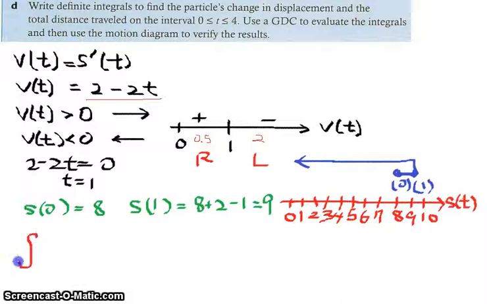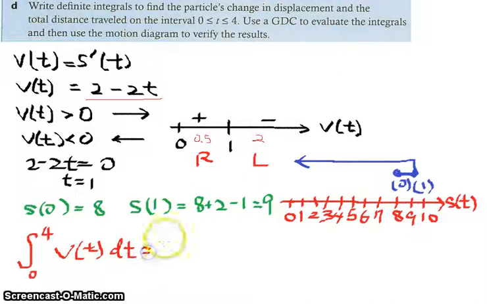Definite integral from 0 to 4, and we're taking v of t. Alright, so v of t is equal to 2 minus 2t. So we're taking the definite integral of v of t with respect to t, right?